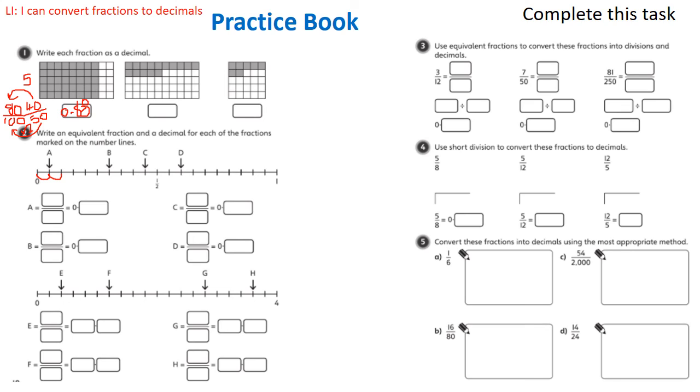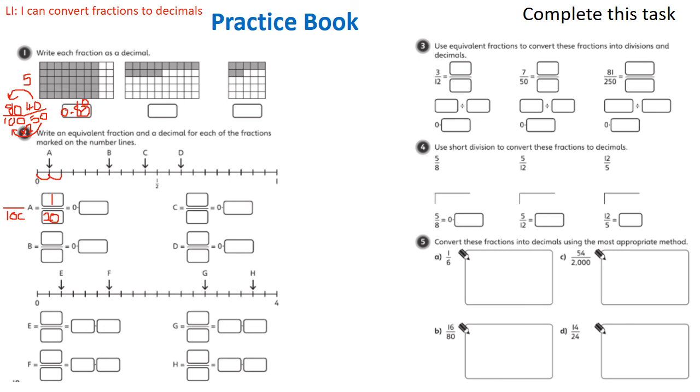So let's have a look at A. So A is the first one in, so it is going to be 1/20th. Now, again, am I going to find an equivalent fraction or am I going to do division? Well, I actually know that 20 times 5 is 100. So I'm going to find an equivalent fraction over 100.